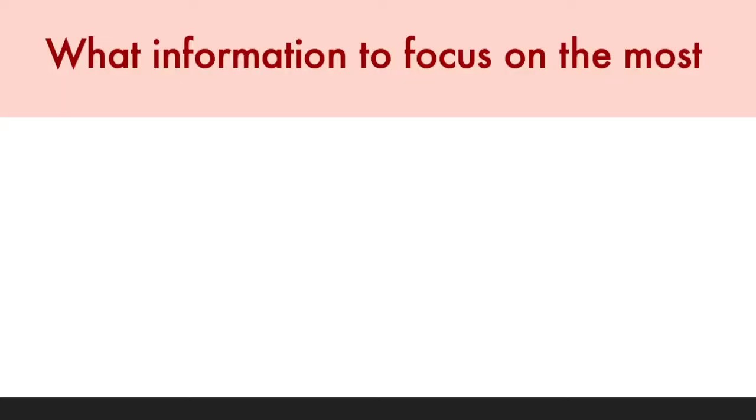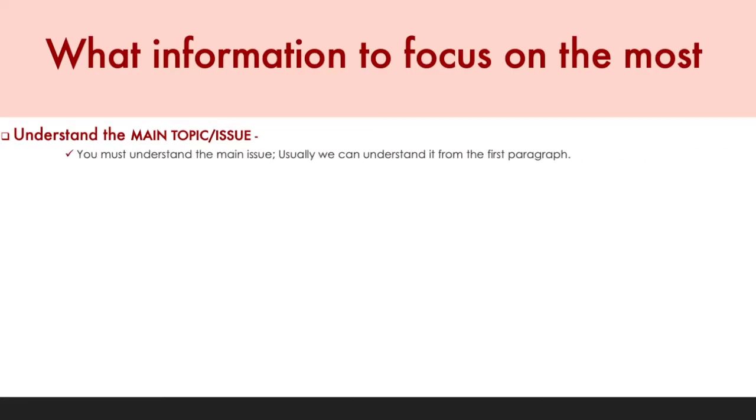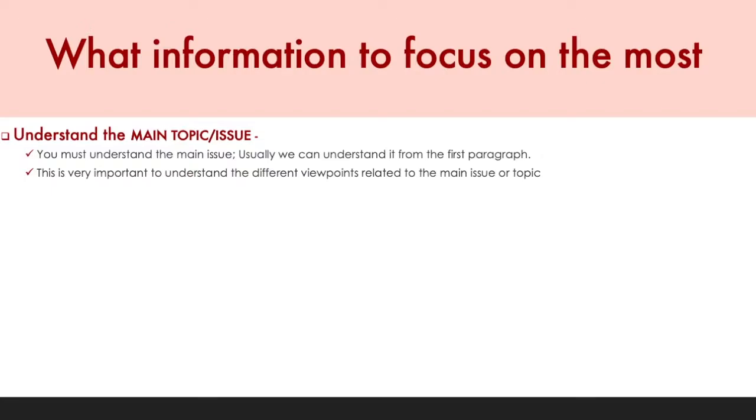What information to focus on the most? Understand the main topic or issue being discussed. You must understand the main issue. Usually, we can understand it from the first paragraph. This is very important to understand the different viewpoints related to the main issue or topic.